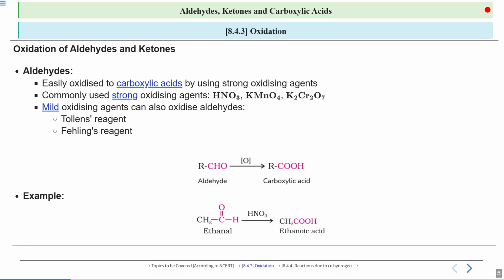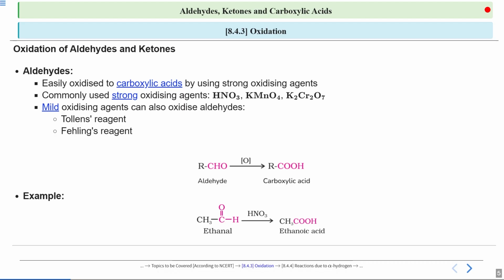Now if I give you an example, see here, this shows a specific reaction which involves an aldehyde. So here we have ethanal. Ethanal is an aldehyde, okay, which has the CHO group. And when you write the IUPAC name of an aldehyde, you replace the E of alkane by AL. So it is ethanal.